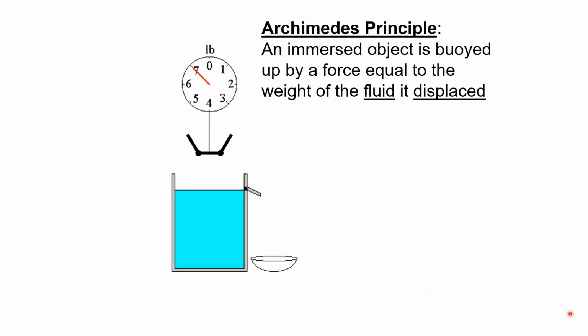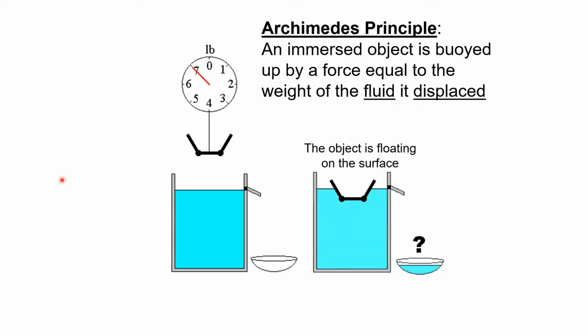All right, we're going to use the same principle, but I'm going to do something a little different this time. So I have an object that weighs 7 pounds again, but notice it's a different object. And this time, rather than submerging it completely under the water, I'm going to lower it down until it floats on top. So this object is at rest, floating on the surface.